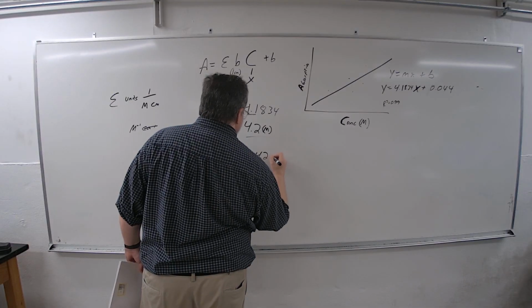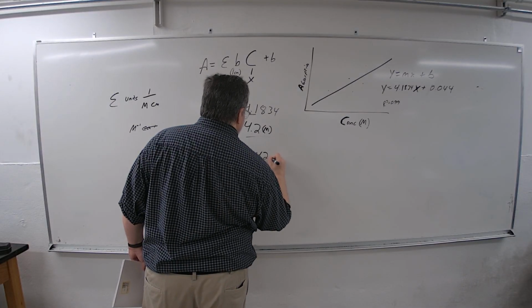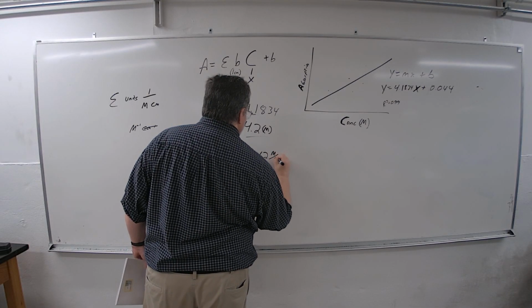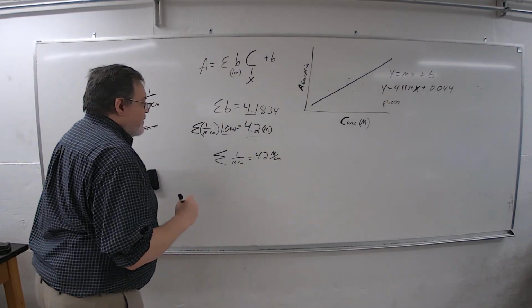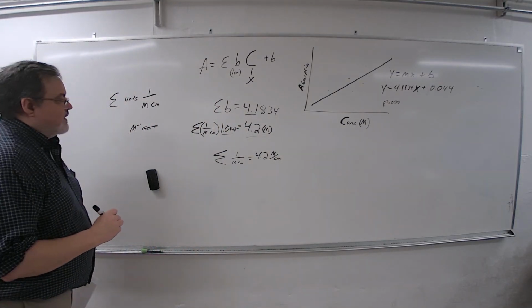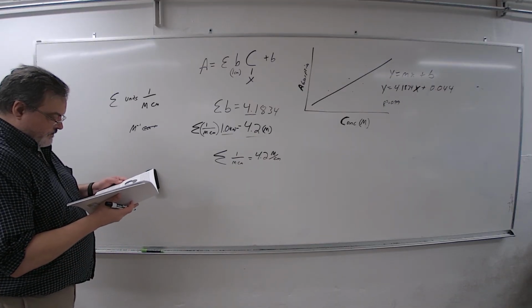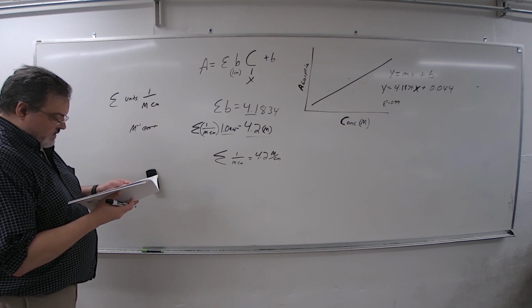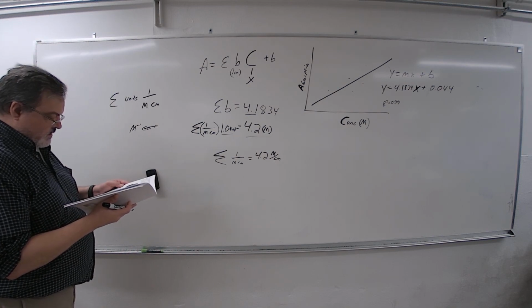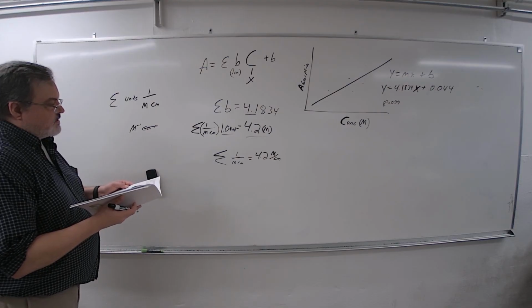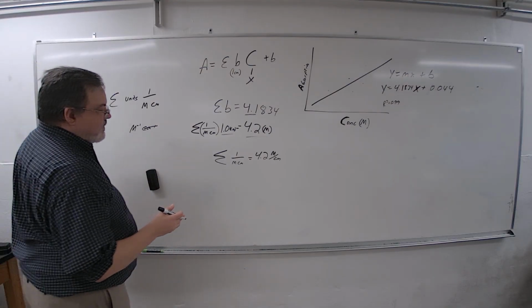Right, okay. So divide both sides by this, and you get the molar absorptivity units of 1 over molar centimeter equals 4.2 per molar per centimeter.